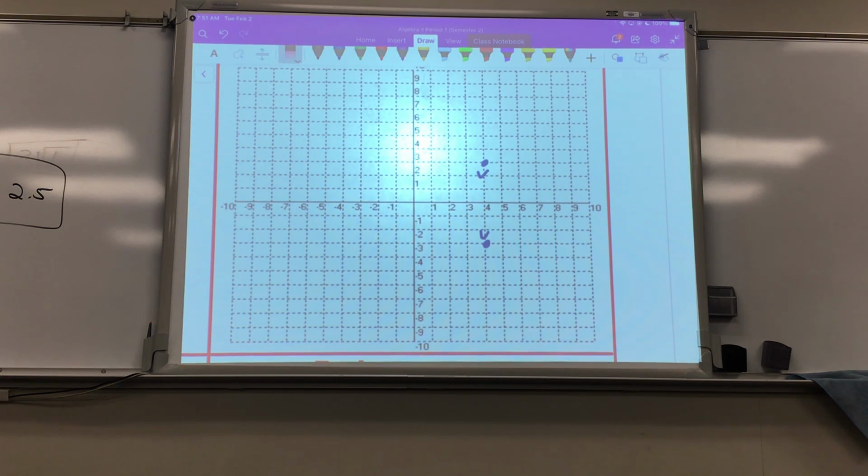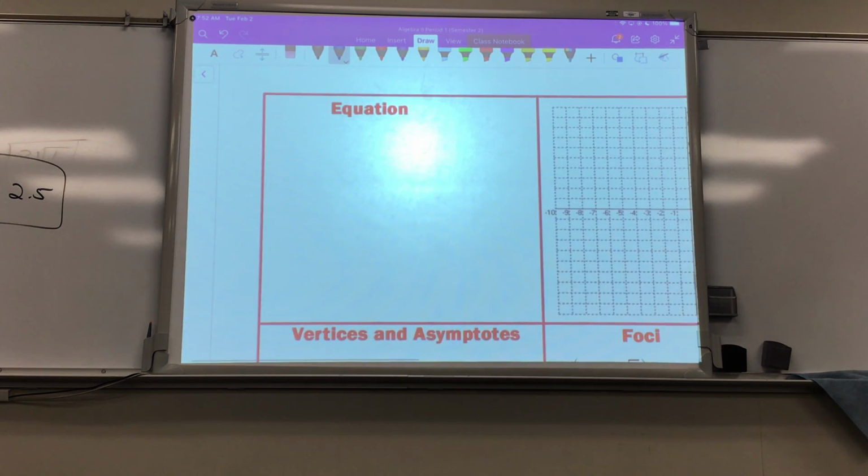This guy? (4, 0). Yep. There's my center. So what it comes down to is you need to figure out the center, a squared, and b squared. Once we have those, we can write our equation.